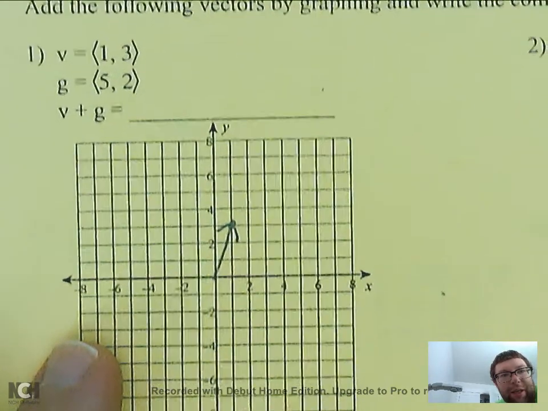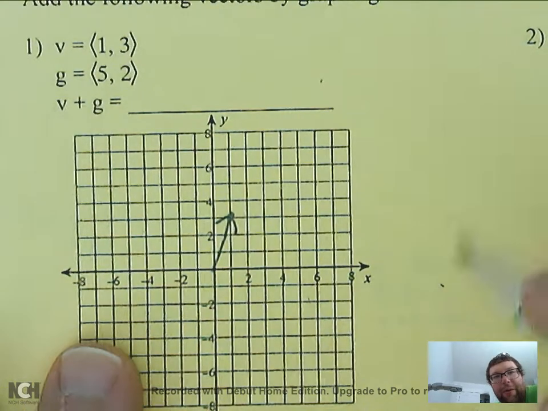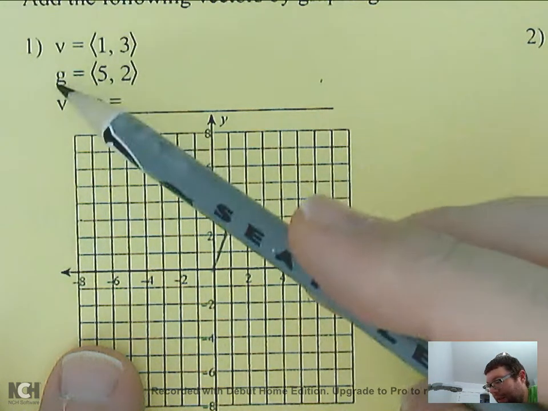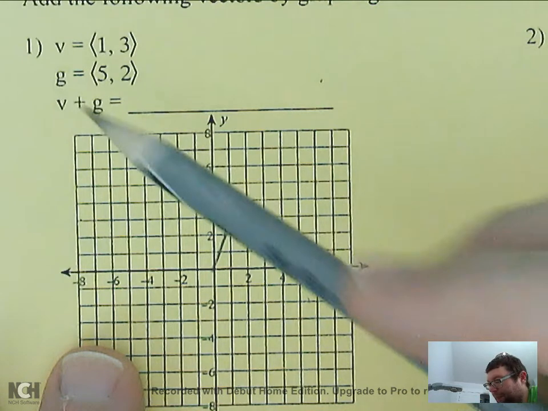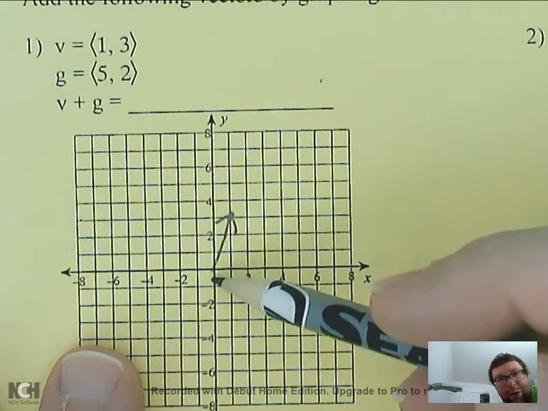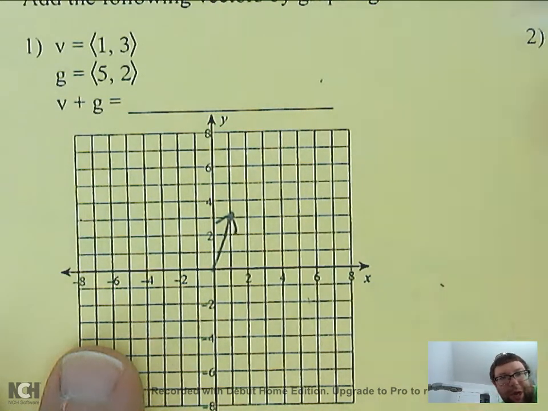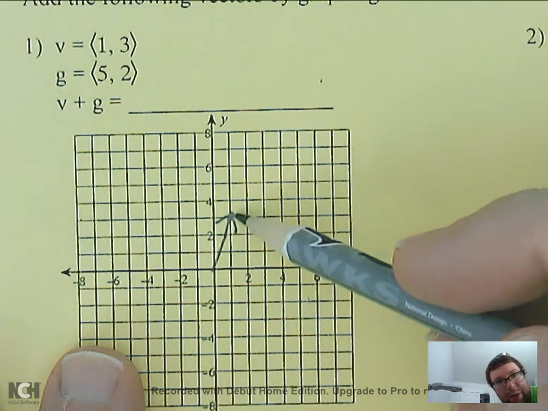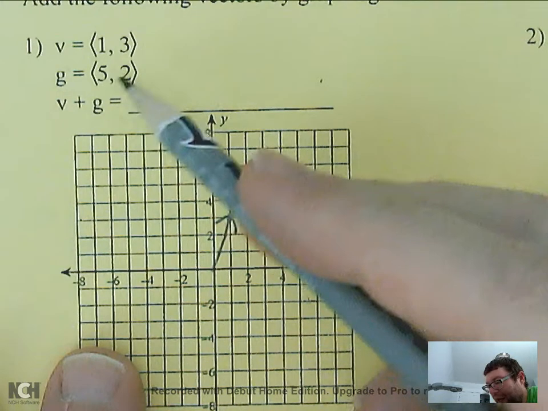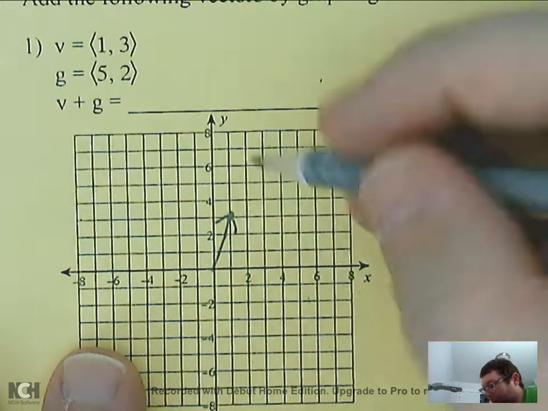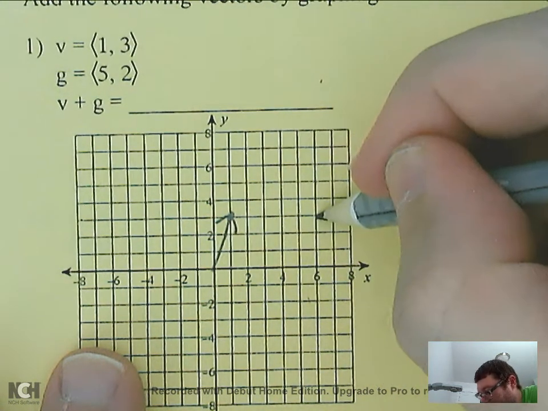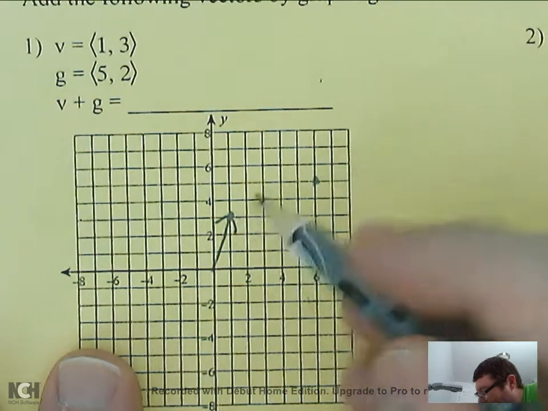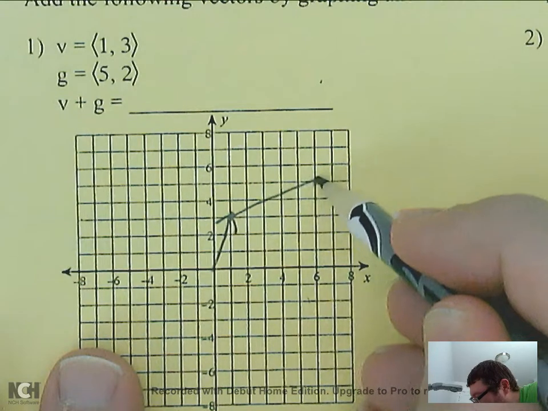So when I start the second vector, vector g, instead of going back to the origin like I would if I was normally graphing it, I'm going to go to the terminal point, the endpoint, of vector v, and then do the components. So I would go 5 to the right from here, and then up 2, and that's vector g right there.